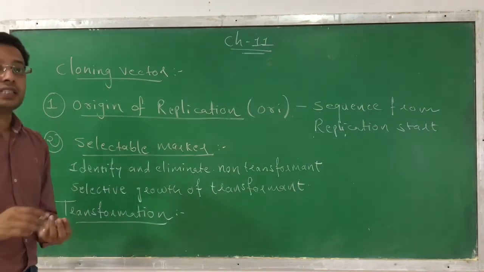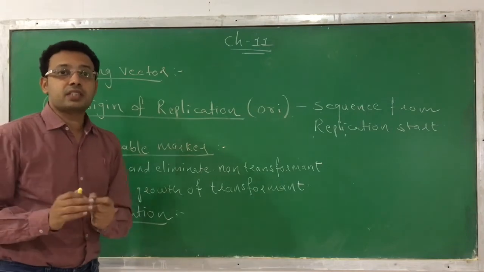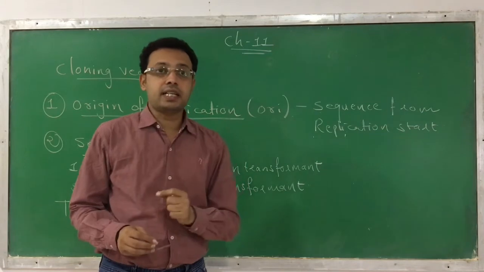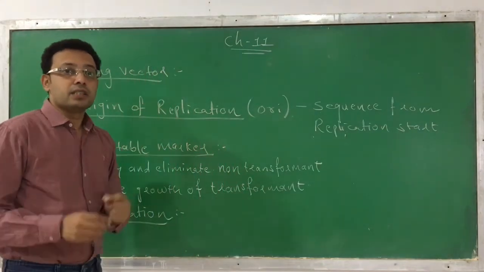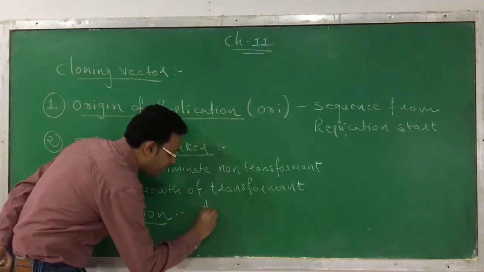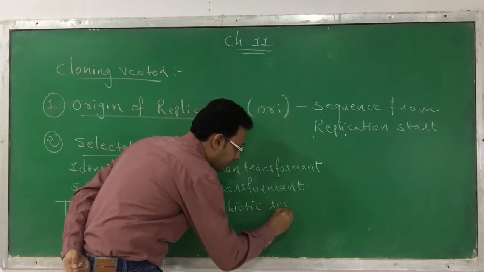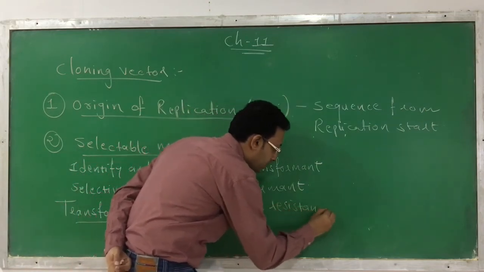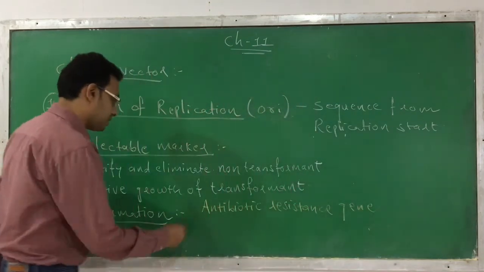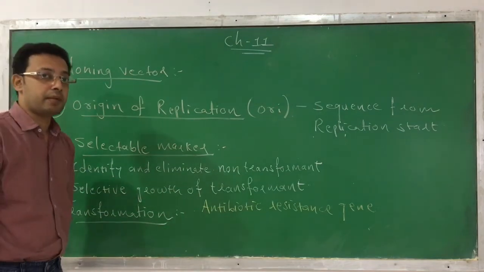Normally, who can act as selectable markers? Usually, we select genes that are resistant to antibiotics like ampicillin, tetracycline, and kanamycin. So antibiotic resistance genes are selected as selectable markers.